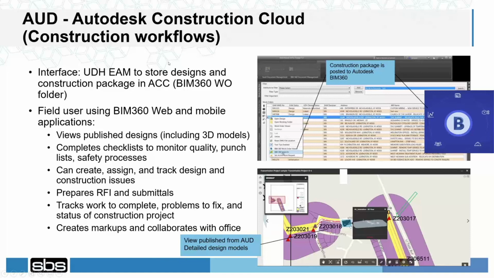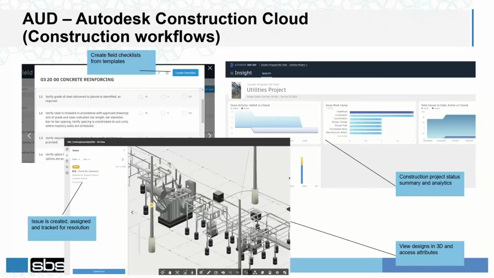And of course, Autodesk is solely focused on the construction workflows. So you can create RFIs, submittals, track design and construction issues. Some of those may be important for you if you're thinking about a mobile application. It just shows different ways of visualizing.